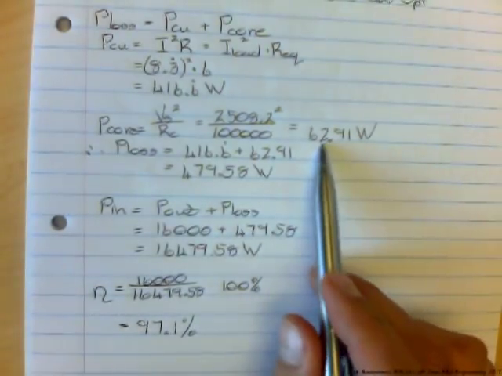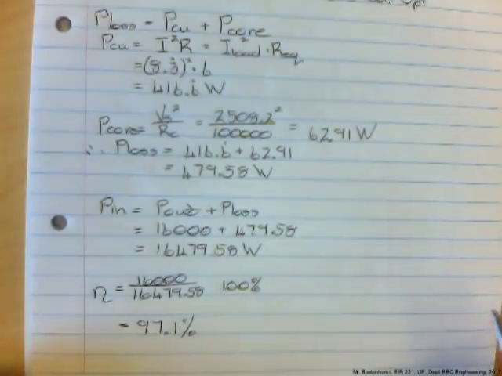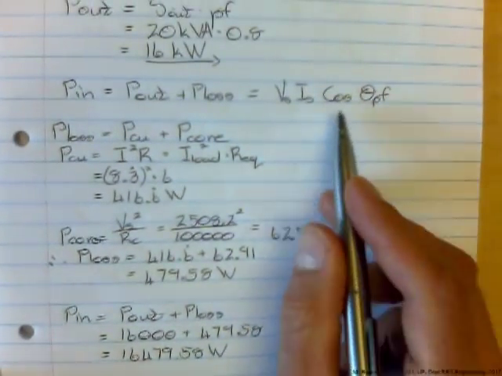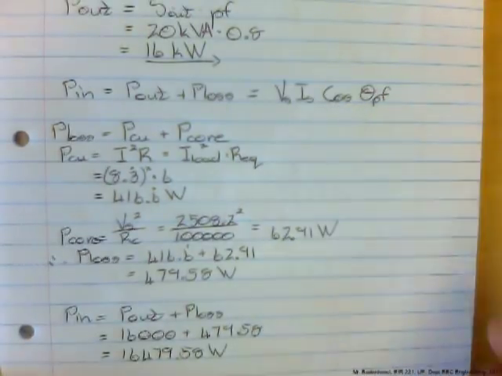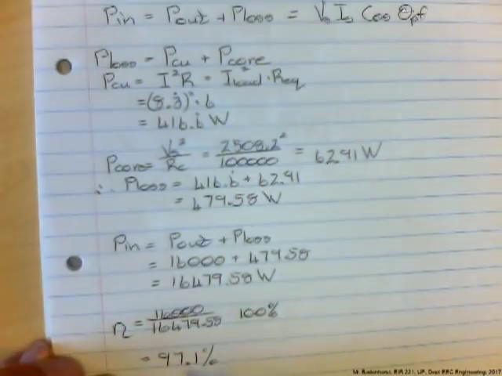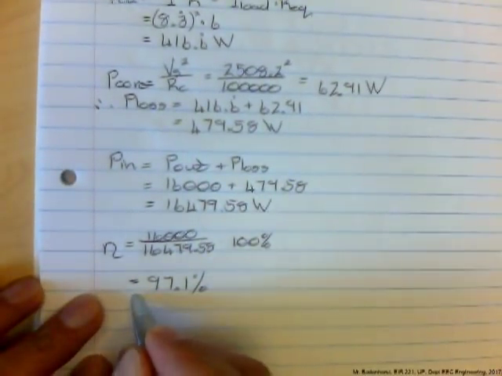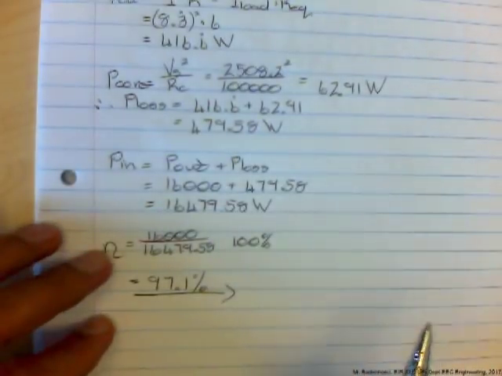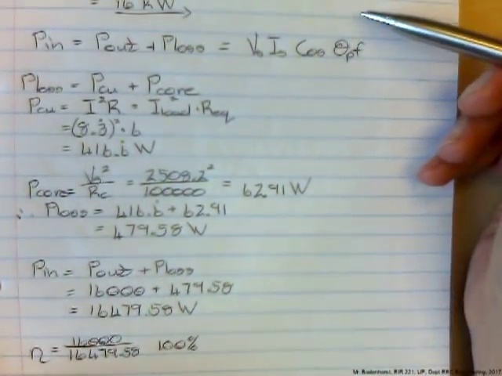How do we calculate the efficiency using Vs Is cos theta power factor? Right, so let's do a bit of an alternative. We already have all the answers we need. Now we have the voltage regulation, we have efficiency, but I just want to show you, perhaps there's a bit of a revision as well.